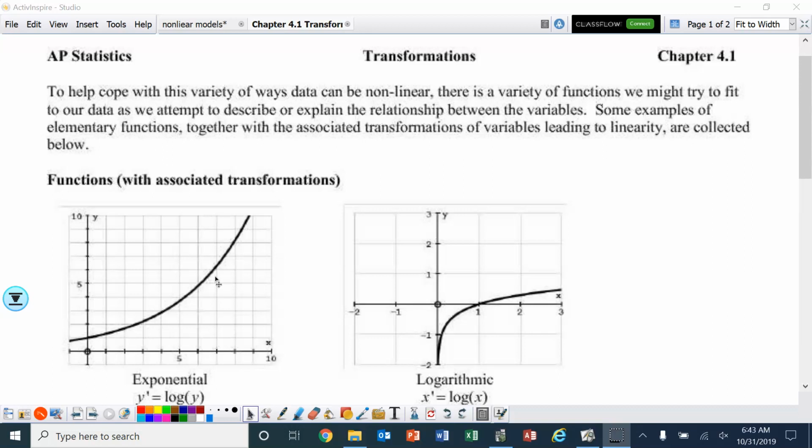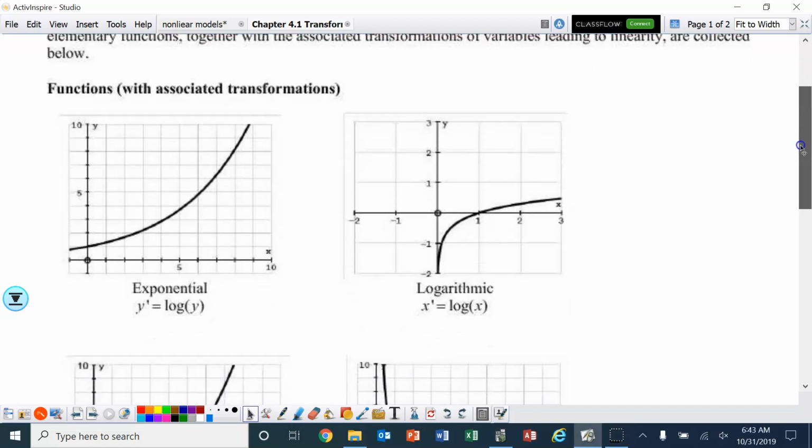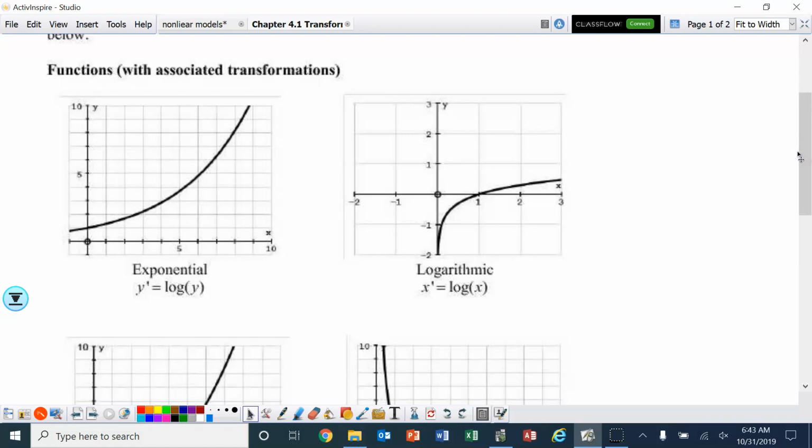Some examples of elementary functions, together with the associated transformations of variables leading to linearity, are collected below. All right, so this first one that we see is the exponential. Now, this does not just involve exponential growth, it can also involve exponential decay.